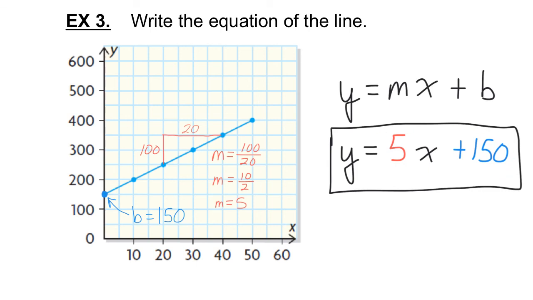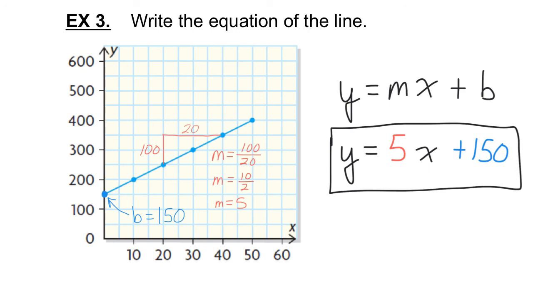One common issue that people have with this question is they forget to look at the scale on each of these and they just start counting squares. So some people might say, well, this is a slope of 2 over 4, which is 1 over 2. So they might get the wrong slope because they're not paying attention to the scale.